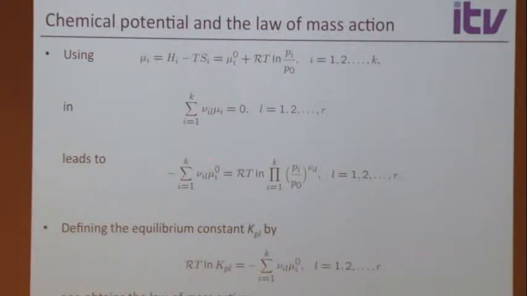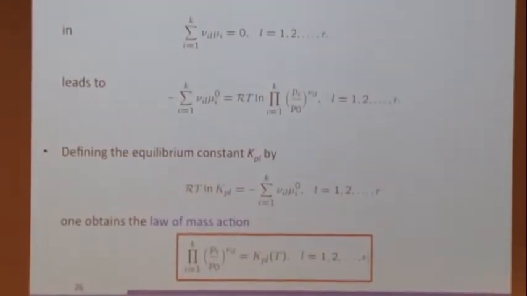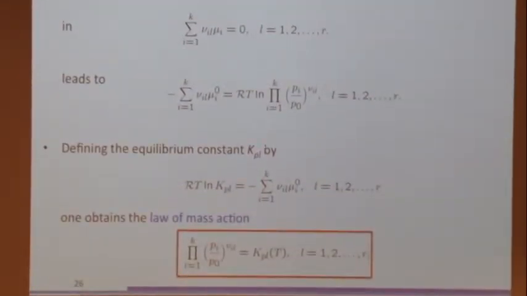One here on the left-hand side is just this temperature-dependent part, and then on the right-hand side I have the pressure-dependent part. I call the left-hand side the equilibrium constant, you see?